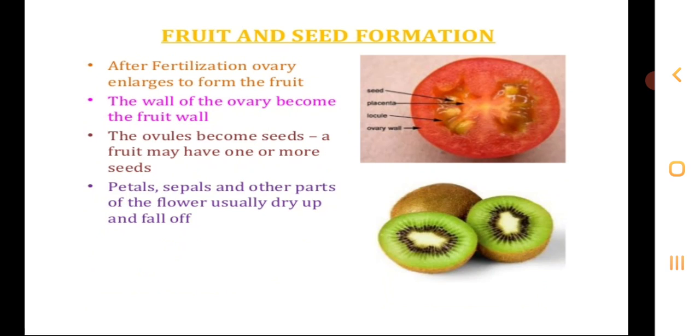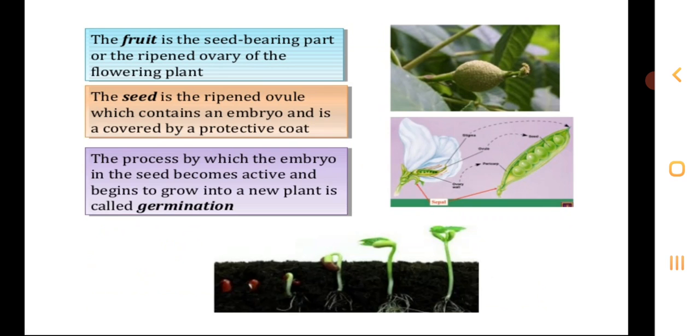Fruit and seed formation. After fertilization, the ovary enlarges to form the fruit. The wall of the ovary becomes the fruit wall. The ovules become seeds. A fruit may have one or more seeds. Remember that the wall of the ovary becomes the fruit wall and the ovules become seeds. Petals, sepals and other parts of the flower usually dry up and fall off.